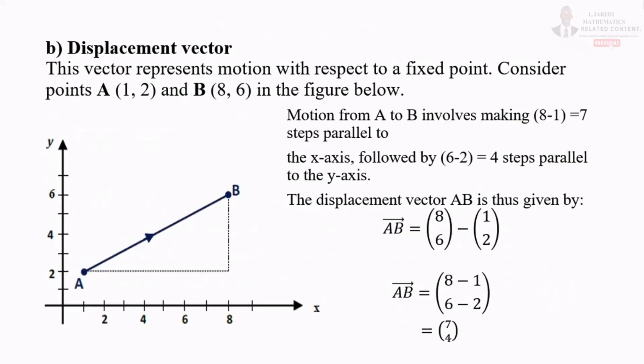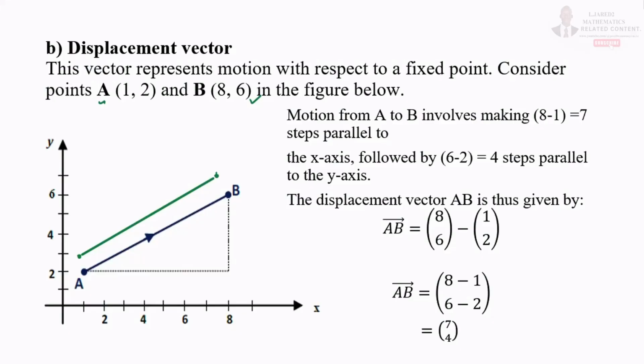Here, we said that the vector represents motion with respect to a fixed point. In this diagram, we are considering point A, which is (1, 2), and point B, which is at (8, 6). Motion from A to B involves making 8 minus 1, giving us 7 steps parallel to the x-axis.